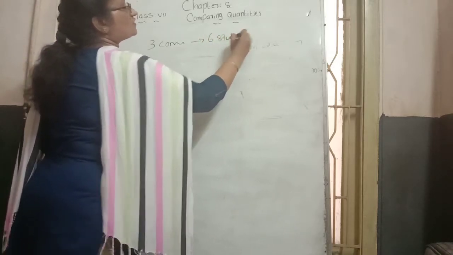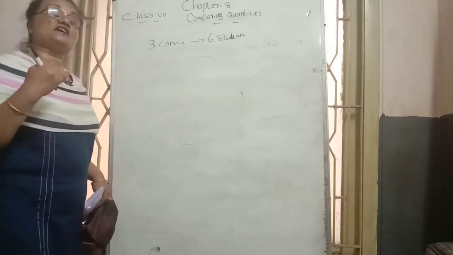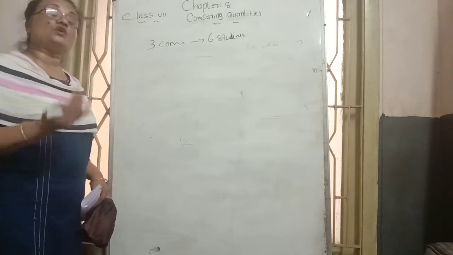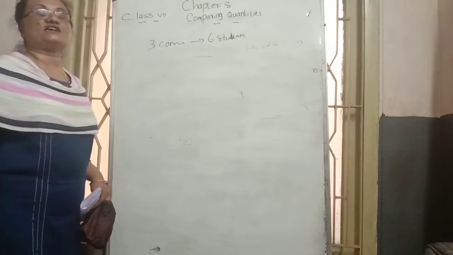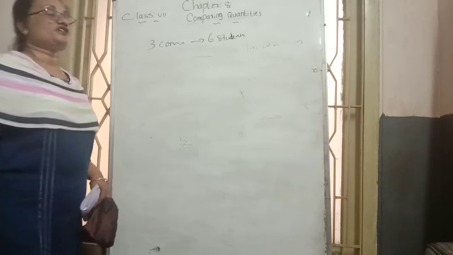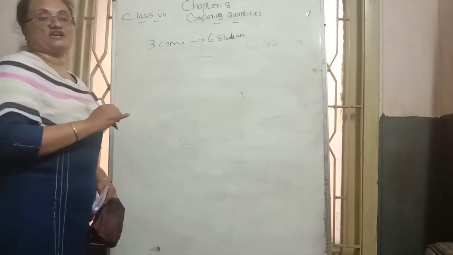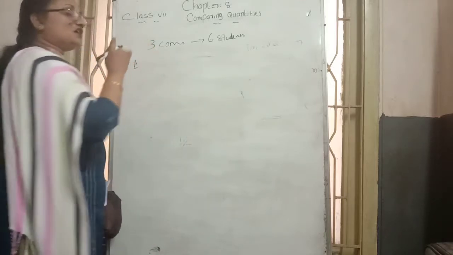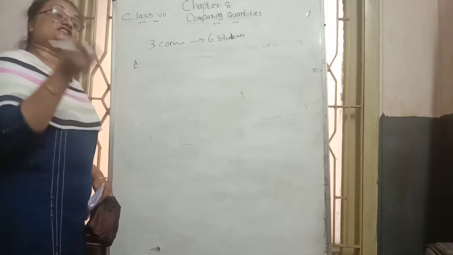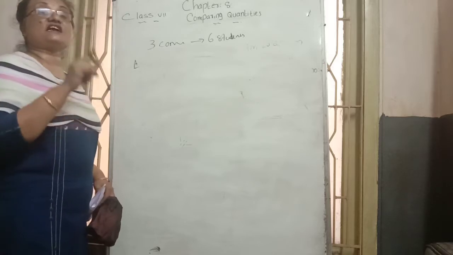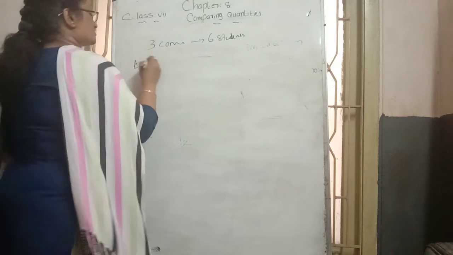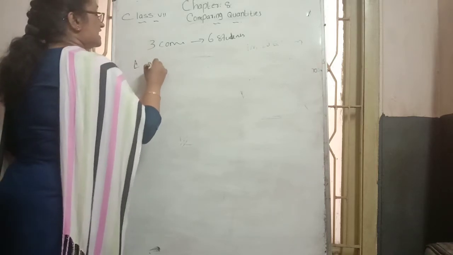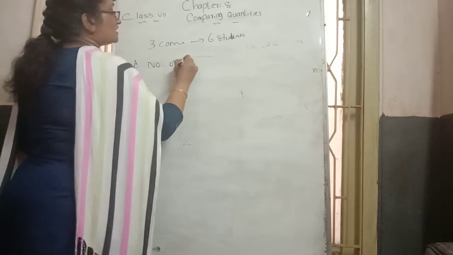The question asks how many computers are required for 24 students. So we want to find out. First, what information is given? 6 students. How many computers are available in the computer lab? 3 computers.